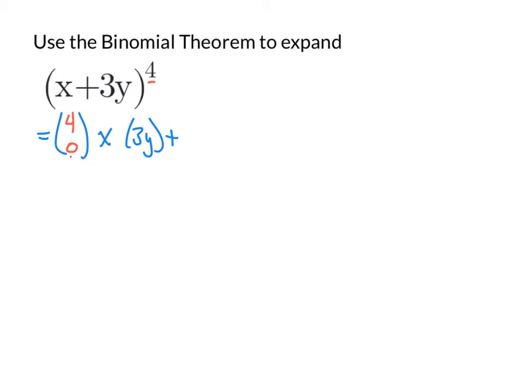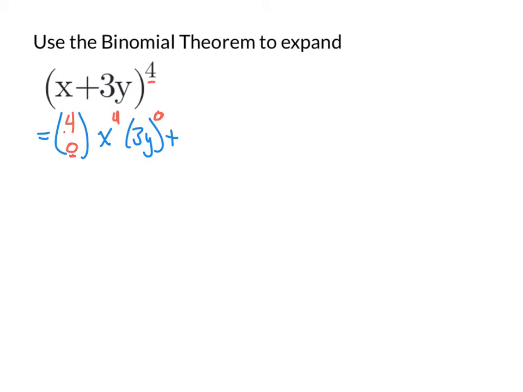To find the powers of the next 2 factors, the power of the 3y is the same as that 0 in our combination. And the x is going to be 4 because 0 plus 4 is this 4.